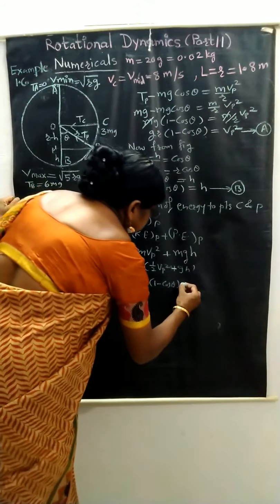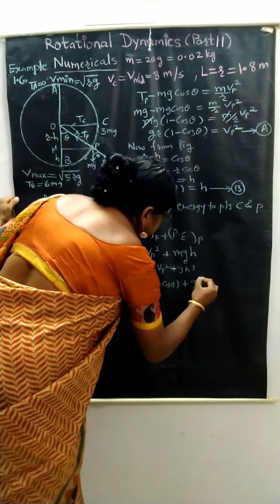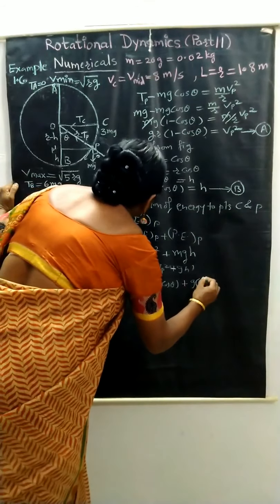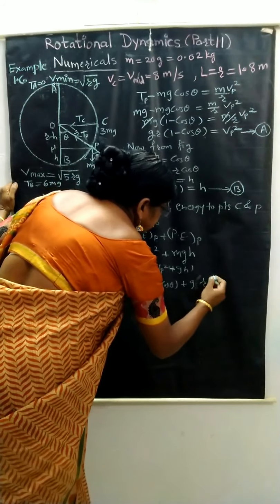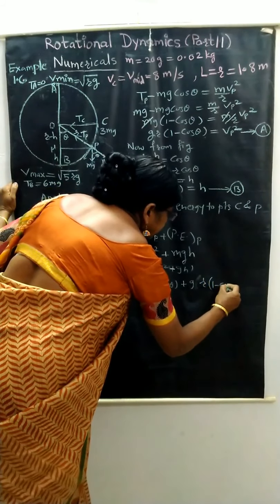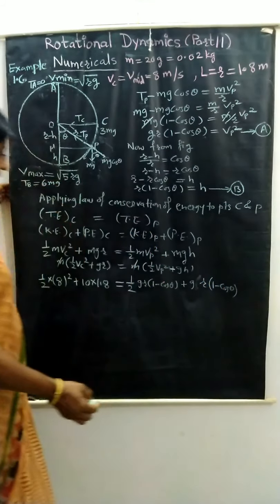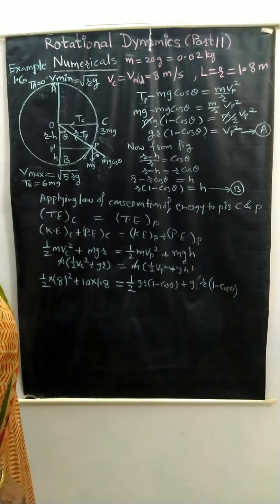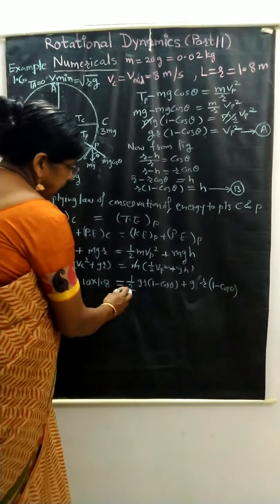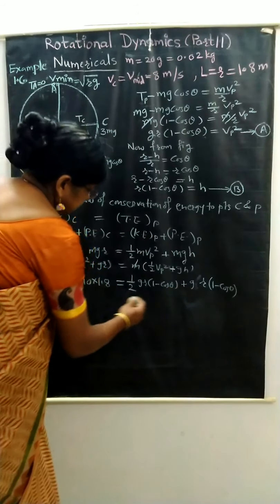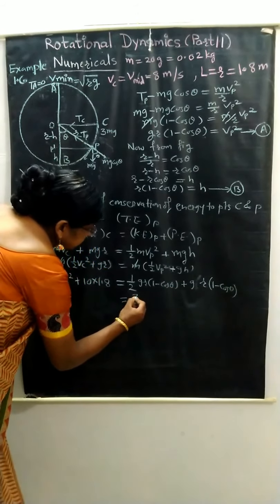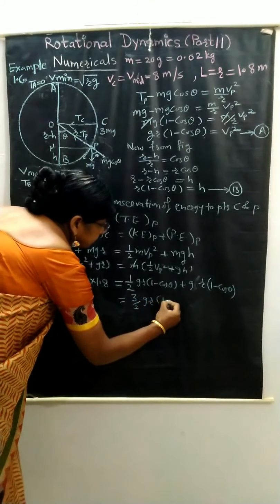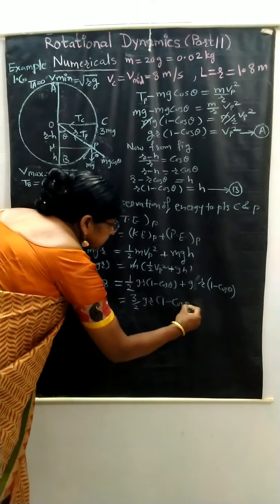So plus g into h is r into 1 minus cos theta. Here 1 minus cos theta is common. So here half gr, here 1 gr. So it will give us 3 by 2 gr in bracket 1 minus cos theta.